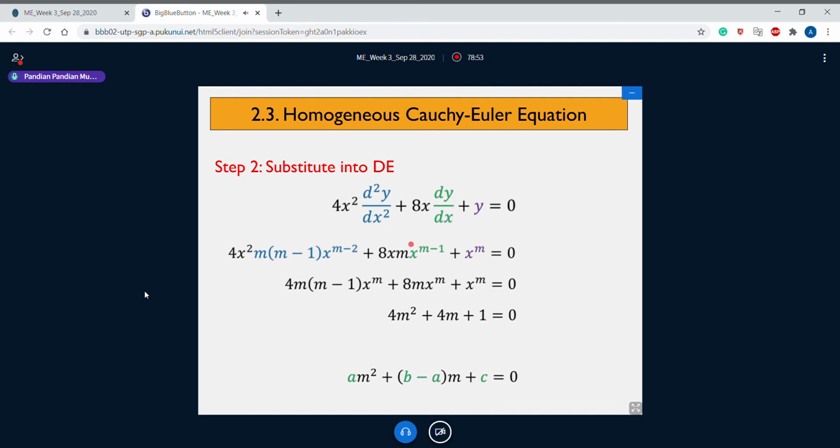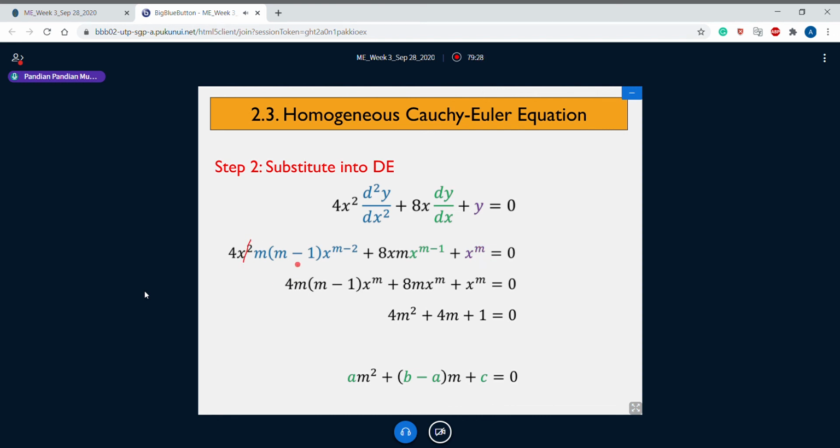So 4x squared d squared y by dx squared plus 8x dy by dx plus y equals 0. If you simplify this, 4x squared times m(m minus 1) x to the power m minus 2, plus 8x times m x to the power m minus 1, plus y, x to the power m, equals 0.